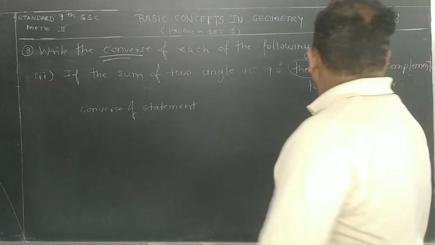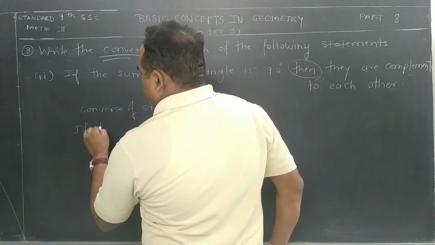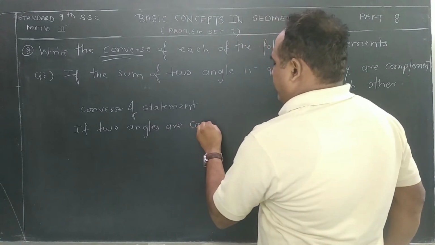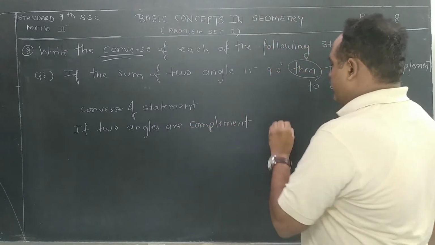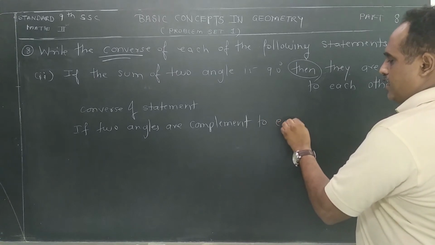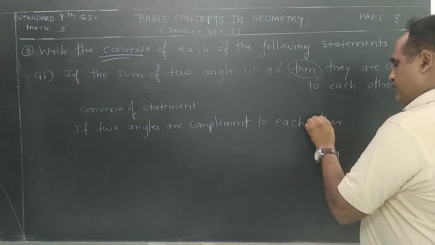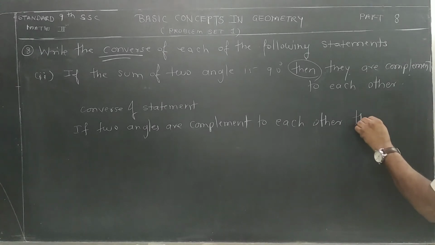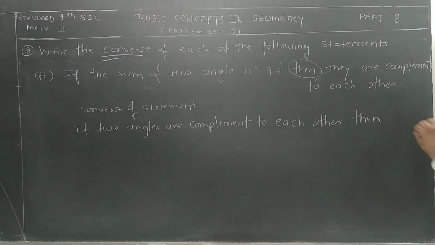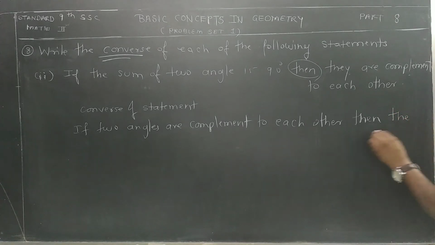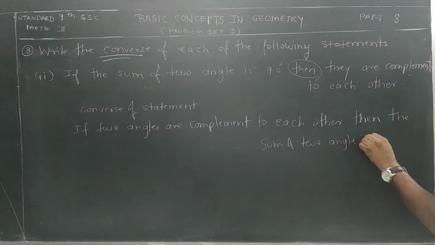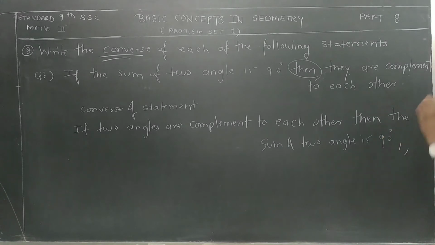Then, if two angles are complementary to each other, then the sum of the two angles is 90 degrees. Have you understood this?